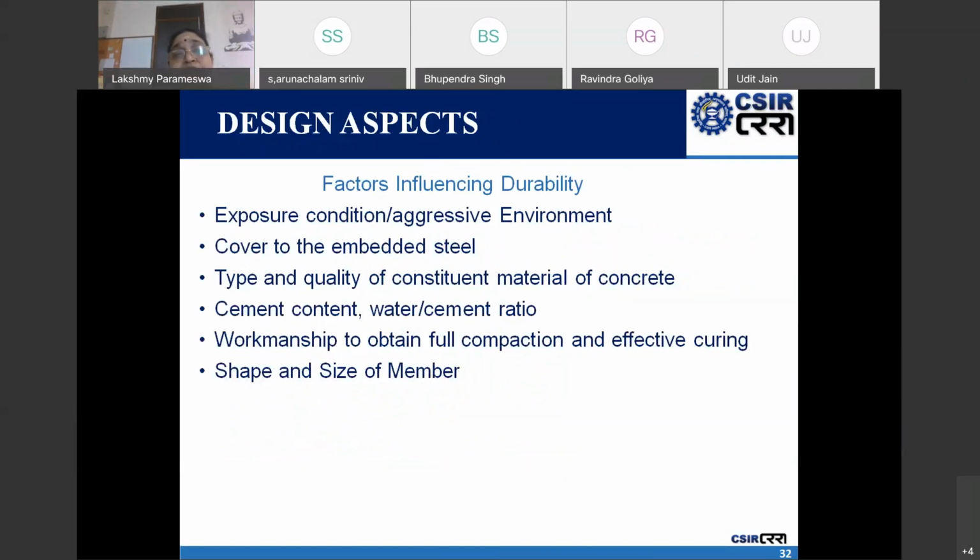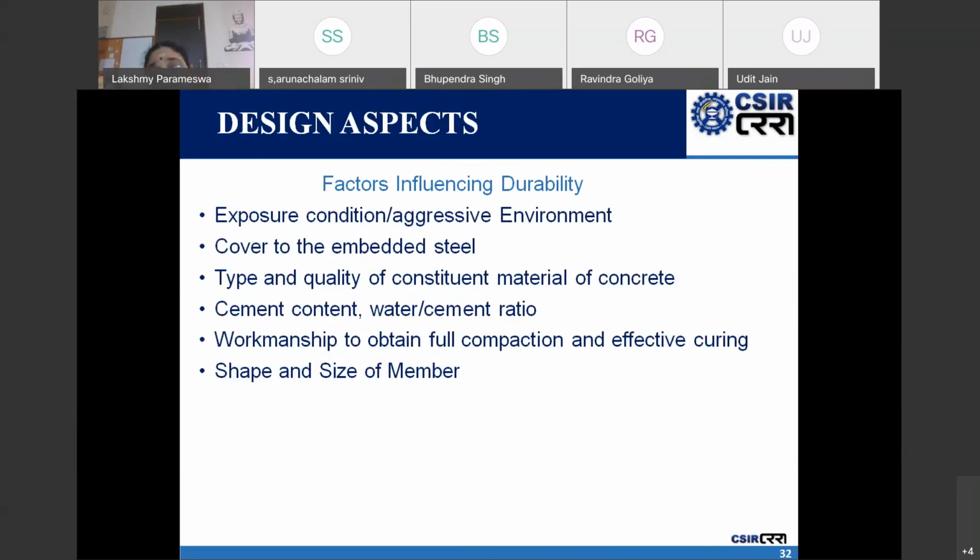It is the exposure condition, or where the bridge is going to be constructed, whether it is in a coastal area, or in a marine environment, or in an interior place where there are a lot of industries around which are emitting carbon dioxide or sulfur dioxide, etc.